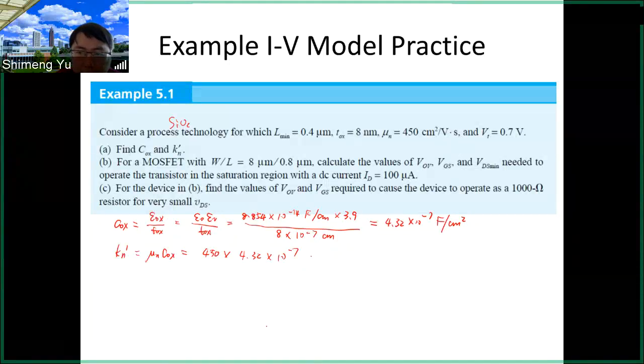So you will directly get the units of farad over volt-second, which is the same as ampere per volt squared, and the value is 1.94 times 10 to the minus 4 ampere per volt squared.